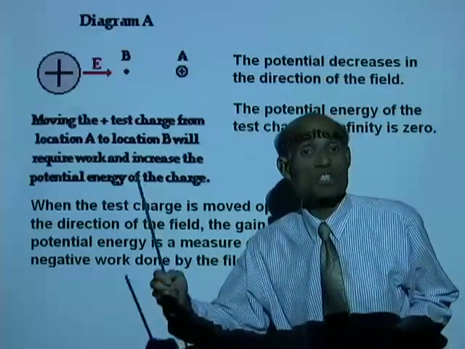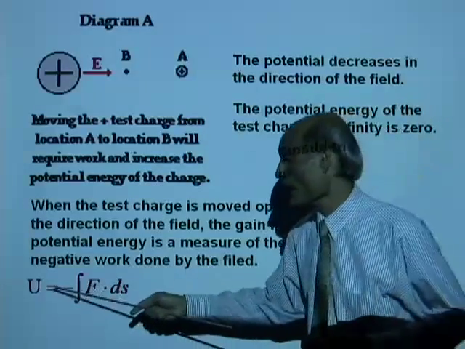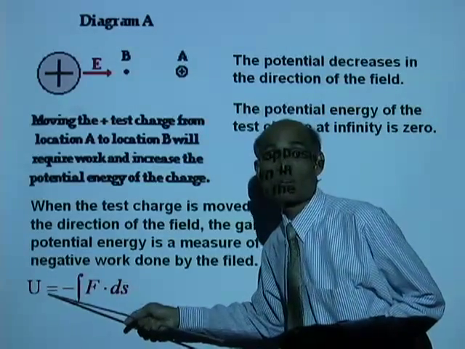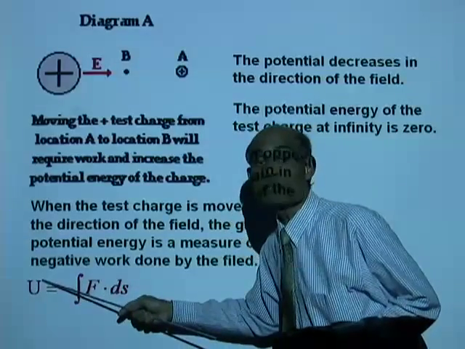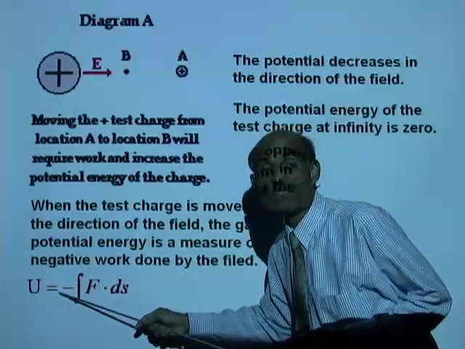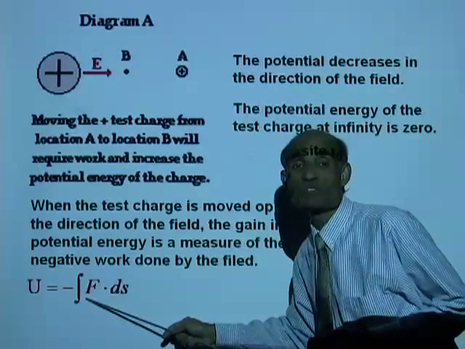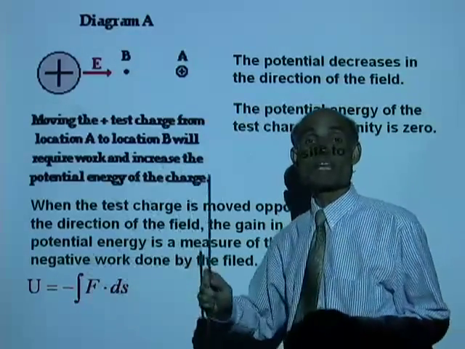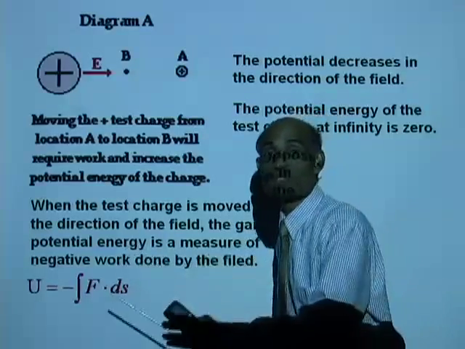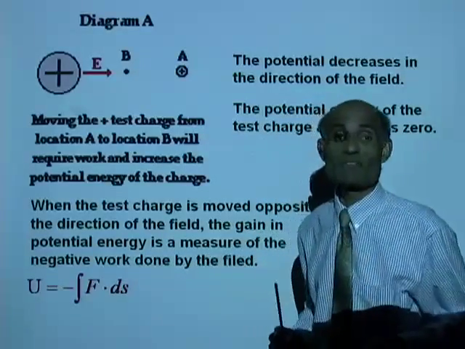Electric field is a conservative force field. And we write it like this one more time. The gain in potential energy U is the negative of the work done by this conservative force field, which is the electric field now. The same statement we made for the gravitational field.